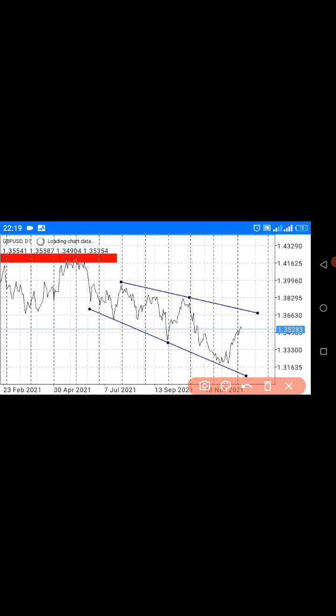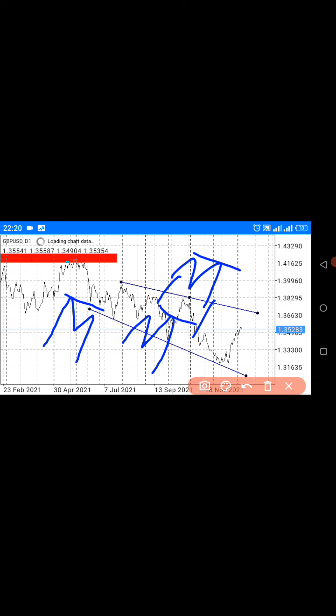We have different types of this W formation or double touch formation. We have some like this. This one is higher than this one. We have some like this, and we have some like this, where both are at the same level.